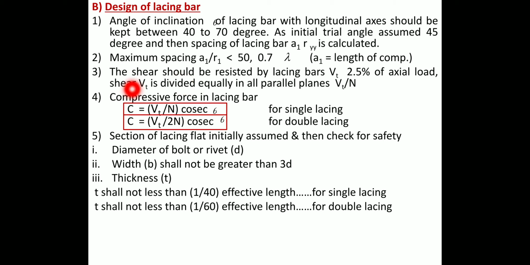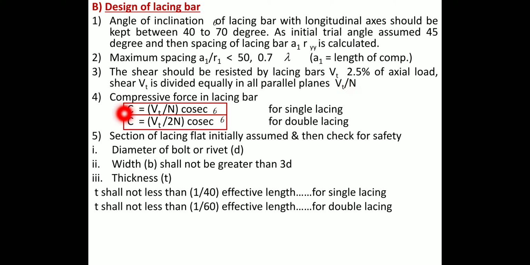Third point, the shear to be resisted by the lacing bar, denoted by V_t, equal to 2.5% of the axial load, and the shear V_t is divided equally in parallel planes. So the whole expression we can take as V_t/N.